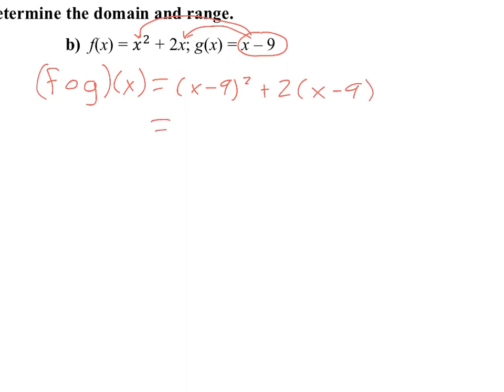If we multiply x minus 9 times x minus 9, we get x squared minus 18x plus 81. And then we're going to add 2x minus 18 to that. So this becomes x squared minus 16x plus 63.